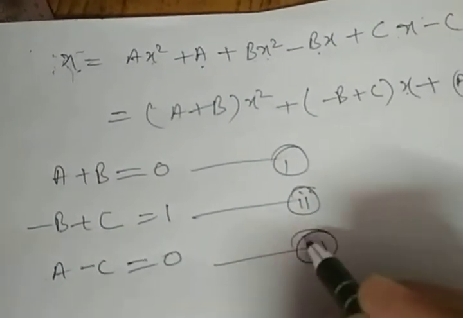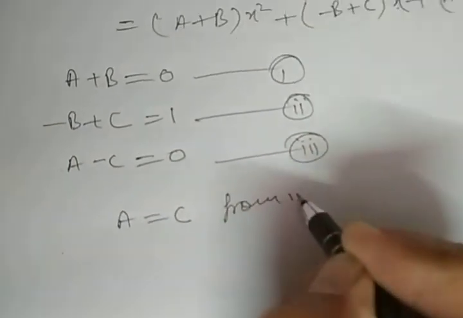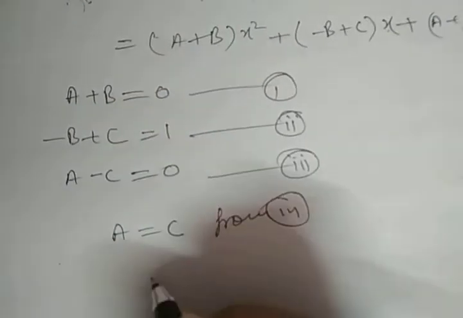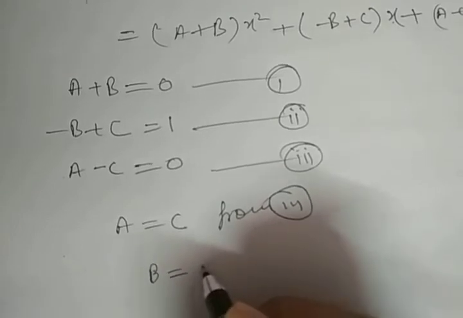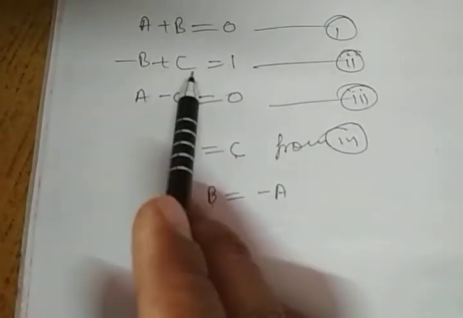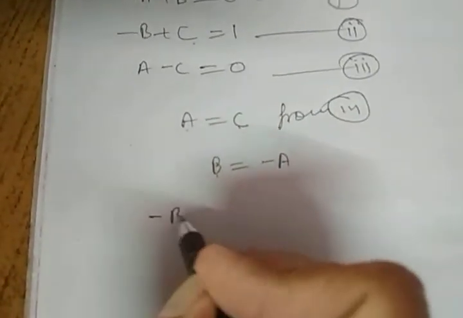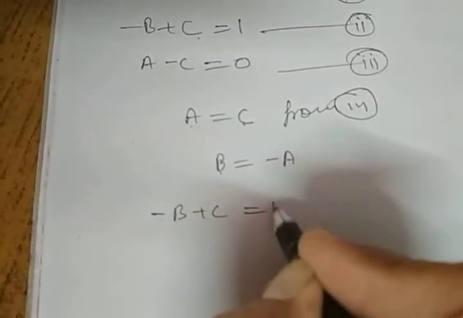This is the third equation. From the third equation we get a is equal to c, and from the first we get b is equal to minus a. So substituting the value of c in the form of a and b in the form of a in the second, minus b plus c is equal to 1.